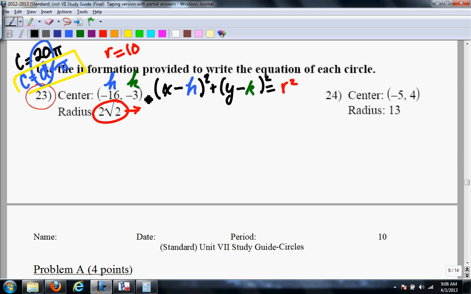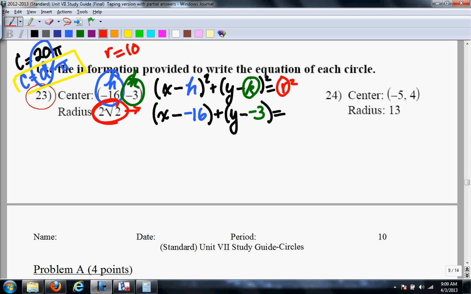Okay, let's do our circle plug and chug. So we have x minus, you pick up your h, which is negative 16, plus y minus, pick up your k, which is negative 3, equals the radius squared. So that's 2√2 squared.